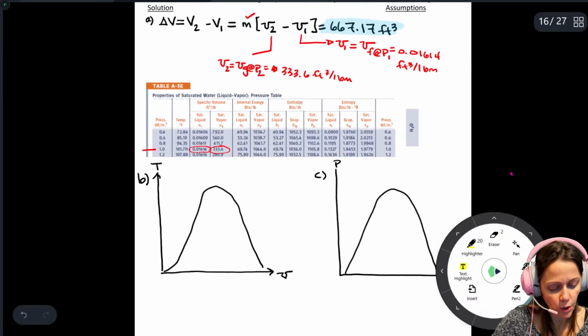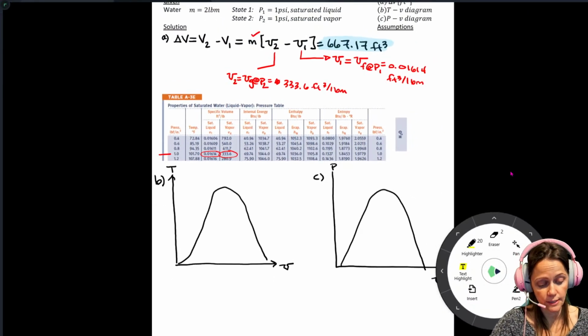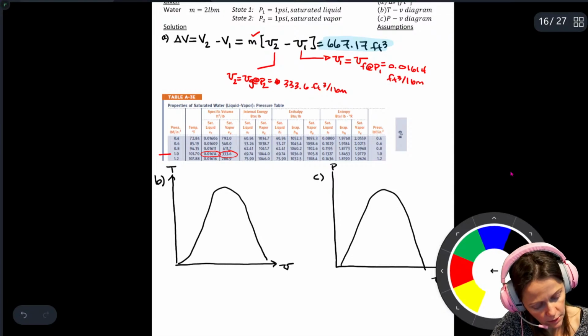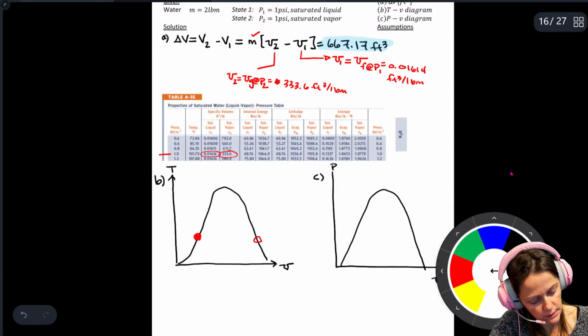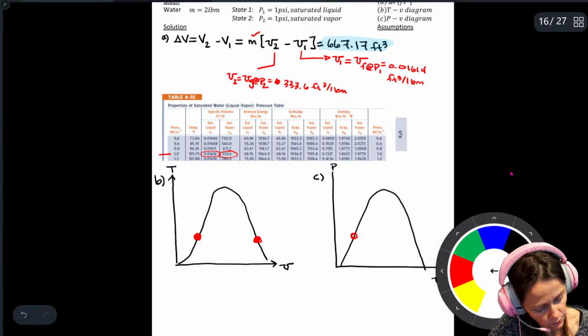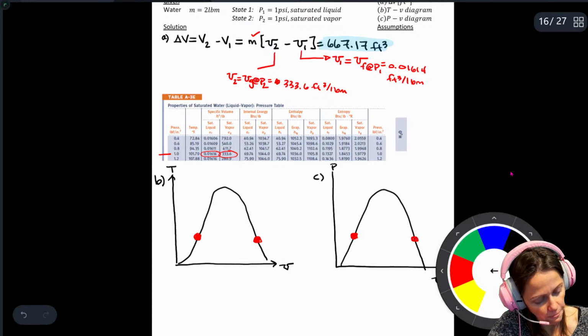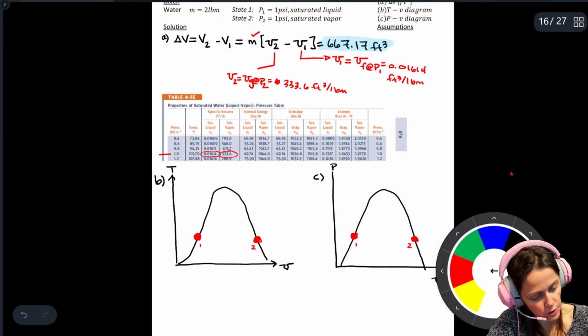I know we're going from state 1, a saturated liquid, which is going to be on this side, and state 2 is over here on that side. Same thing for over here. Put a 1, 2, 1, 2.